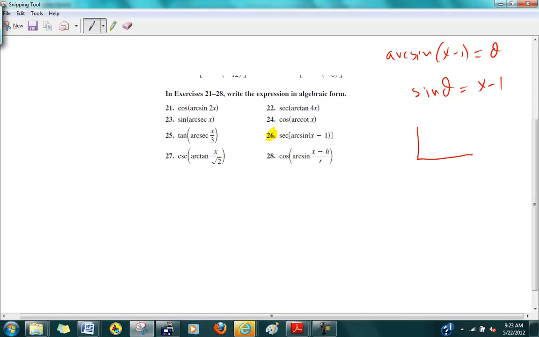Then you make a triangle. The opposite side is, the hypotenuse is, adjacent side is, nice.